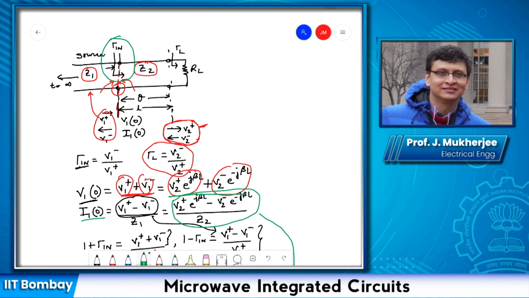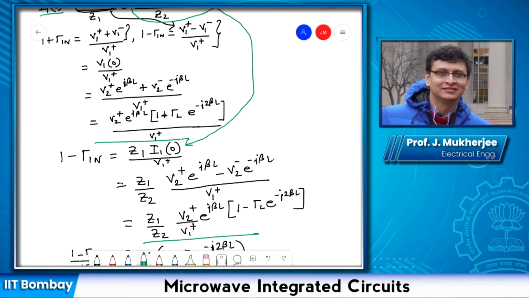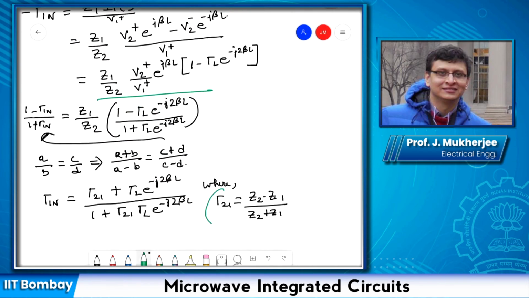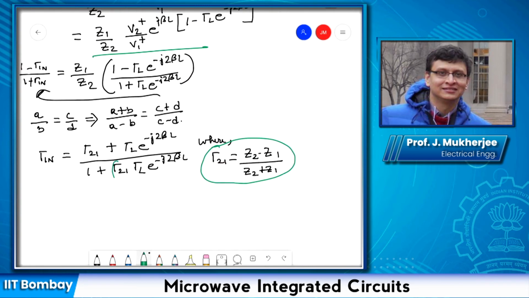Now, suppose that the mismatch between Z2 and Z1 is small, then this gamma 21 quantity becomes very small. In that case, I can ignore this term in the denominator.